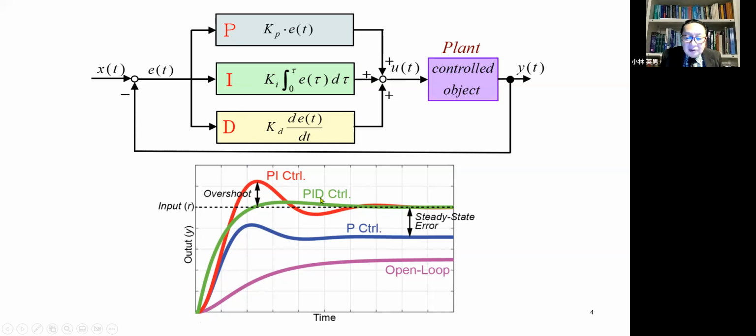Compared with the red curve, which shows PI control, by PID control the response is fast. So in response time, PID control is better. It's faster compared with PI control. Okay, this is the difference between PID control and PI control.